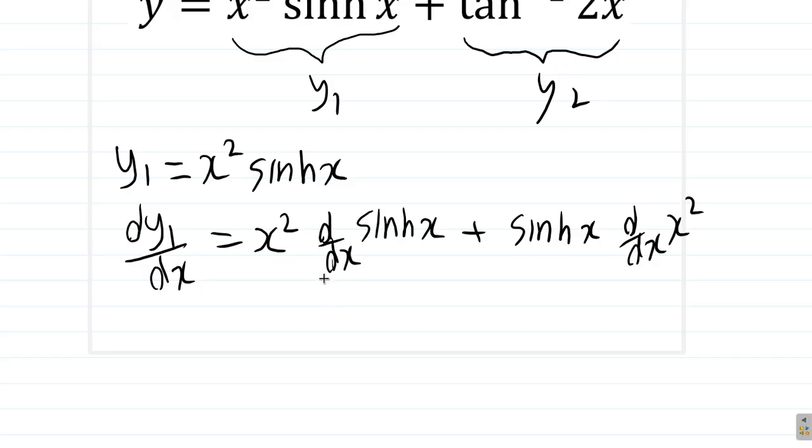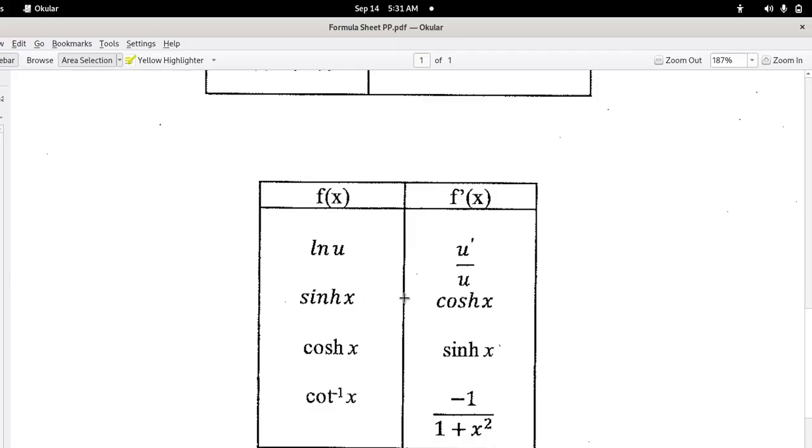Now, what's going to happen here? So dy1 by dx is equal to x squared. You're not going to interfere with x squared, but you're going to differentiate sine x. What is the derivative of sine x? Let us look at our formula sheet. We have it here.